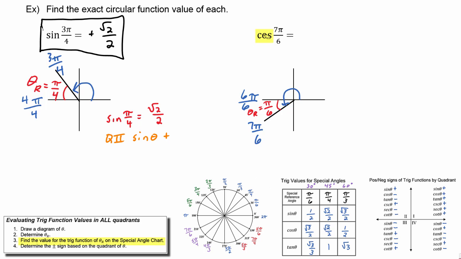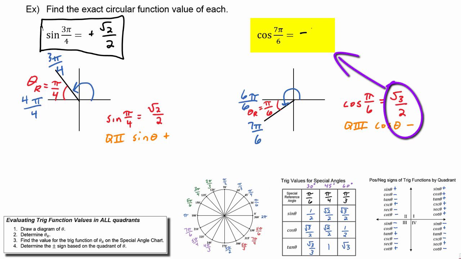Our trig function is cosine, so we go to the special angle chart. We see that the cosine of pi over 6 is equal to radical 3 over 2. Next, we have to get the positive and negative sign. And in quadrant 3, we know that cosine theta is going to be negative. So that means that the cosine of 7 pi over 6 is going to be negative radical 3 over 2.